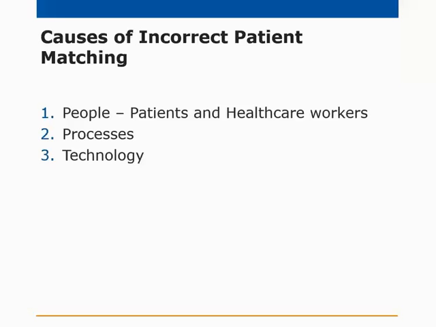So patients and healthcare workers. Processes certainly are a large part of the issue, and technology. And oftentimes the lack of technology, but also technology that is not implemented well or is not receiving the care and feeding in order to make sure that we are doing the best we can do.